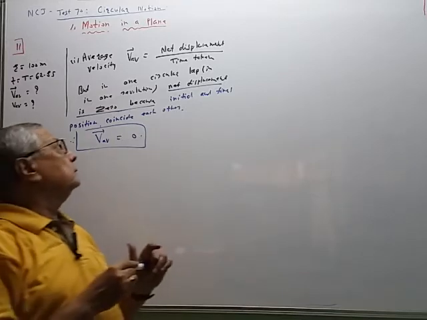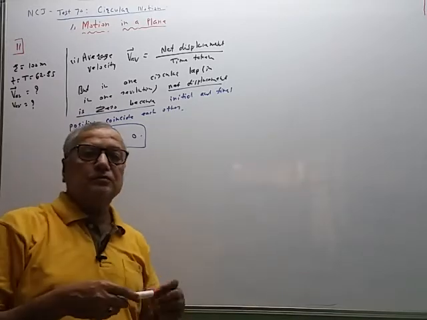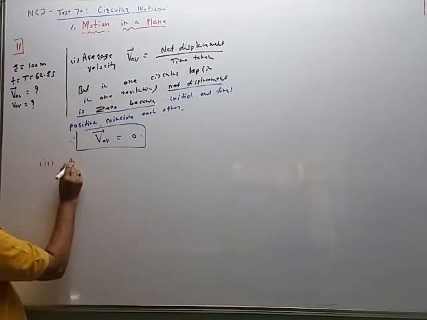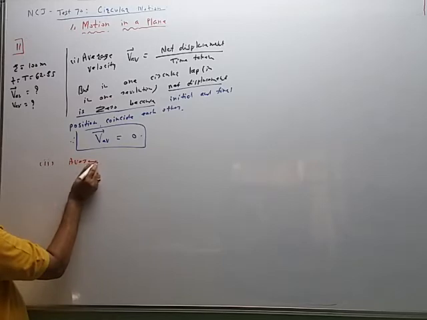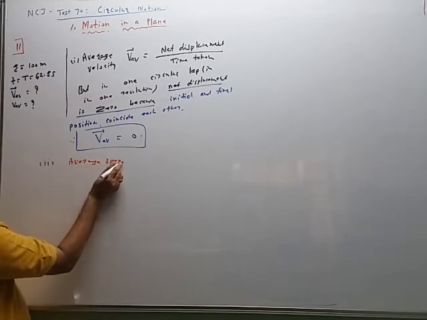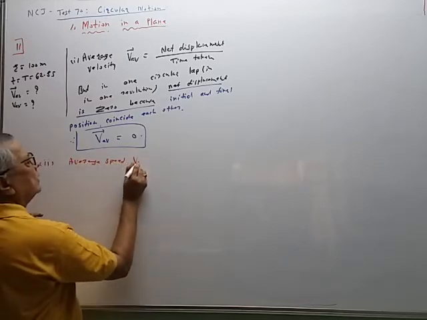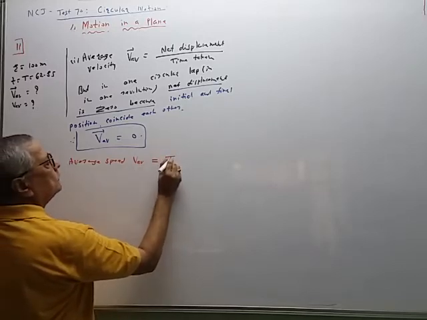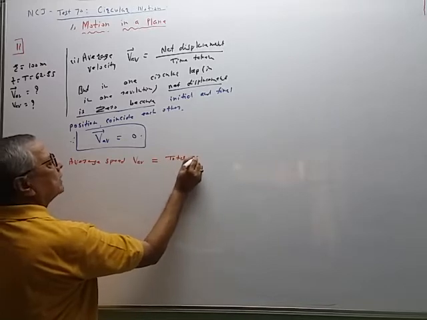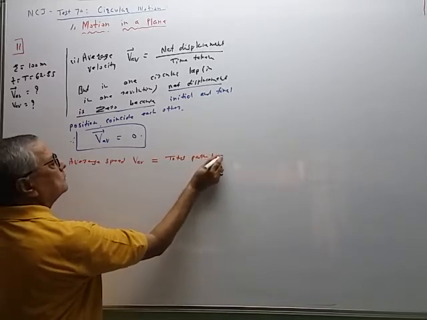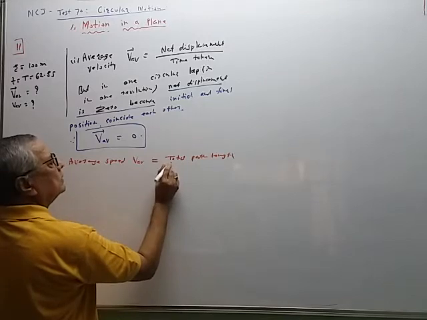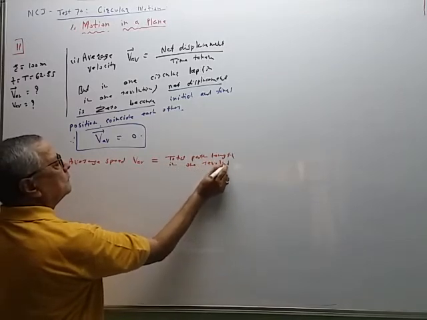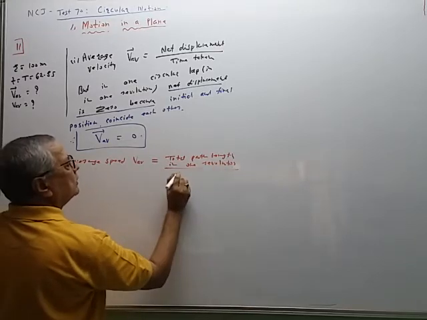Now we want to find average speed. Second part, average speed, V average without arrow, is equal to total path length in one revolution upon time taken.